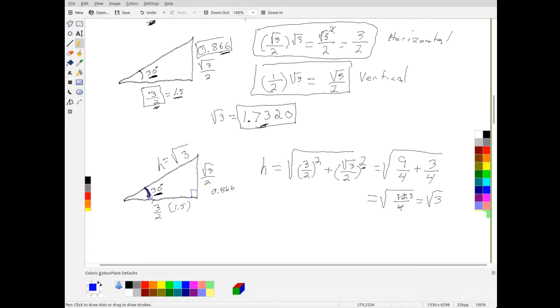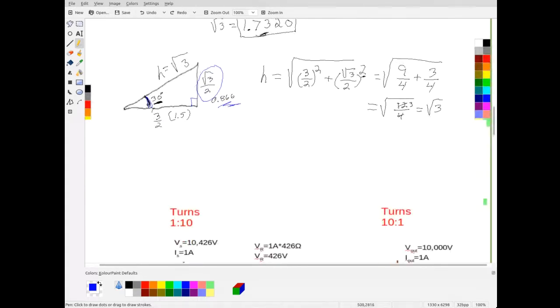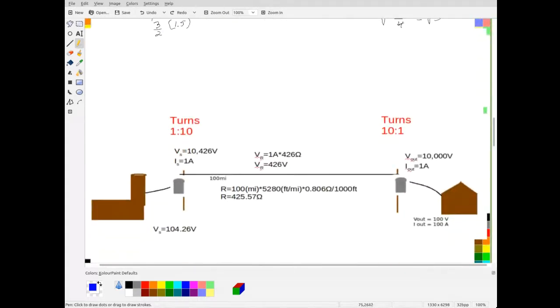We saw that if we end up with a value of 1.5 in the horizontal direction and the square root of 3 over 2, which is 0.866, in the other direction, then we end up getting a hypotenuse with a square root of 3, and so basically that's increased that value.